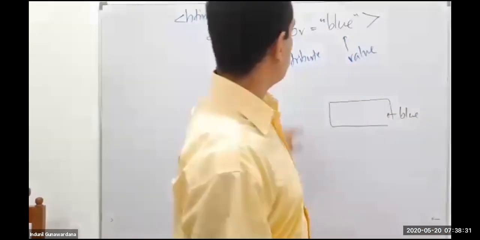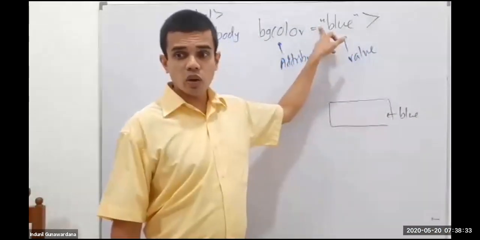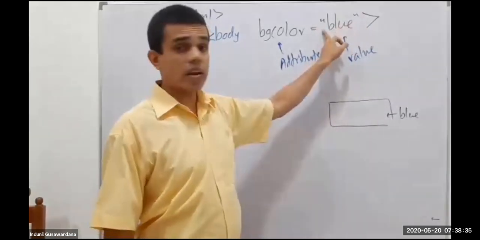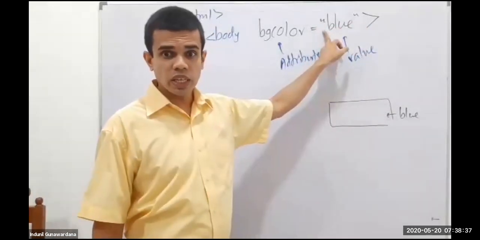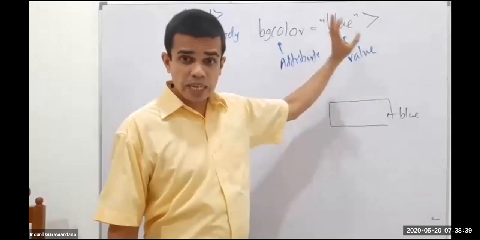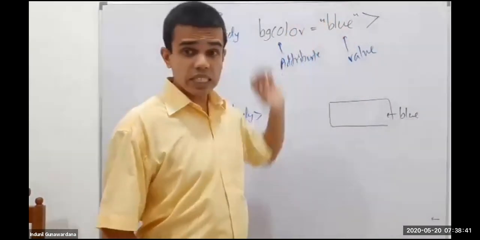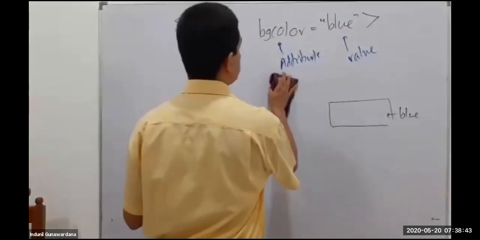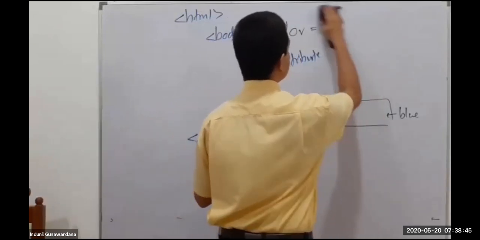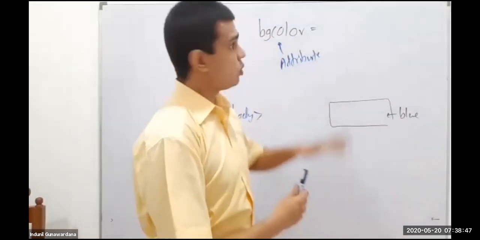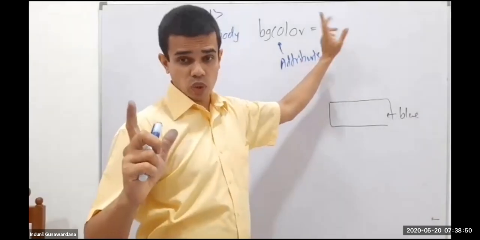That's a must. I told you that double quotes have to be used for our attribute value. That is not mandatory, but it is essential when your attribute value has more than one word. Now this is blue. It's okay, blue is one word.